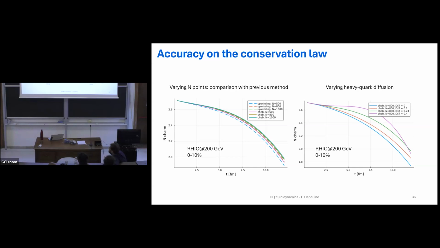Yeah, the fluid velocity initially is 0, and for the temperature, we take the entropy density from Trento, and we normalize it by looking at the multiplicity of light hadrons. And then the diffusion current, you mean?